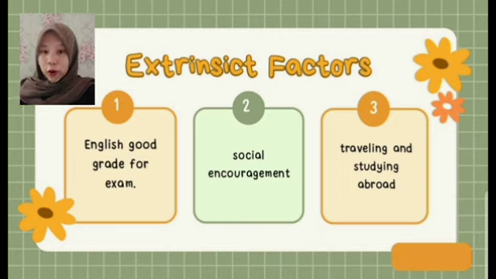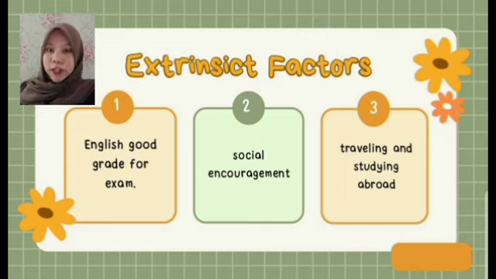Now we're moving on to extrinsic motivation. From the data I got, they also revealed three major extrinsic motivations in learning English. Extrinsic motivation refers to a desire to do something that comes from outside oneself, often driven by potential rewards or punishment.